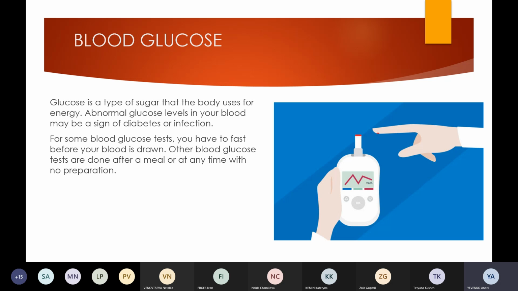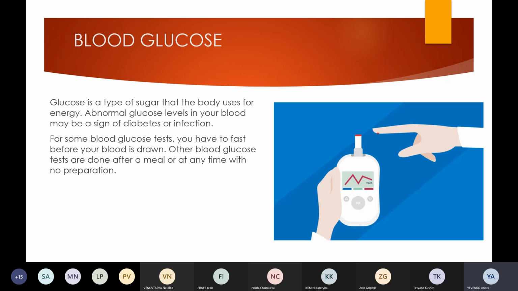Sometimes, especially if you have a relative who is diabetic or you are diabetic yourself, you might have your own blood sugar monitor, which uses express testing to measure your blood glucose, for example, after you eat. Or a physician can prescribe a blood glucose test if he has some sort of suspicion towards your health.